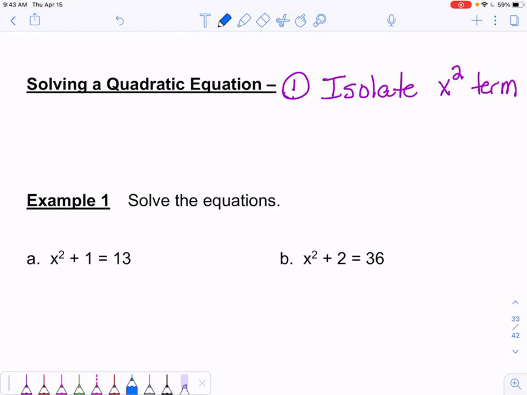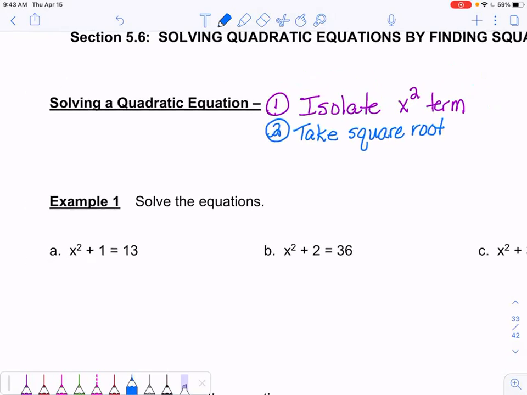But now, because it's x squared, we have to do something to get x by itself, because when you're solving for x, it's supposed to be x equals. We are going to take the square root of both sides of the equation.